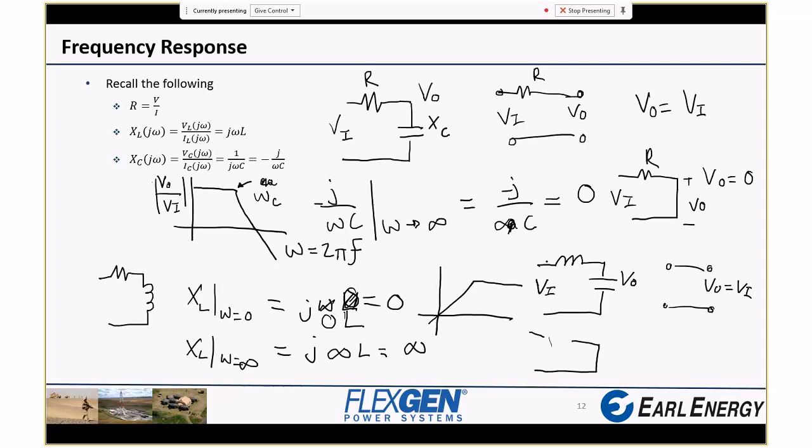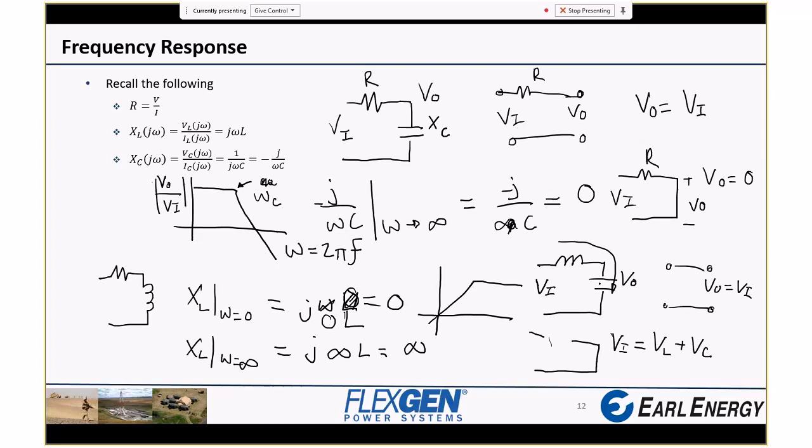Where it gets interesting is if V in equals the voltage over the inductor plus the voltage over the capacitor. And the current through them is the same, right?